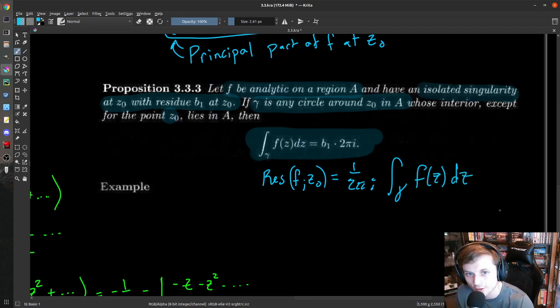And hey, doesn't this look kind of like Cauchy's theorem? Yeah, it looks exactly like it.